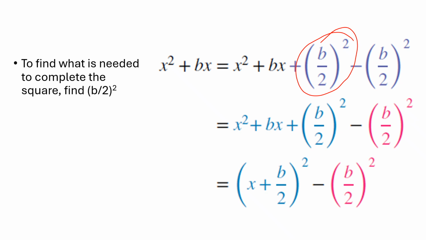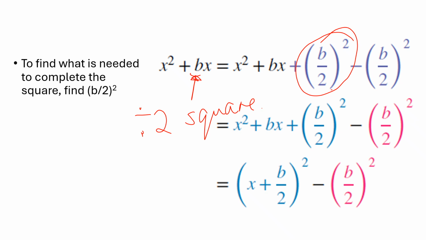It is our b, whatever this is here. We're going to divide it by 2, and then we are going to square it. So that is what we have up here. And then, because we have added something, we have to subtract it there.